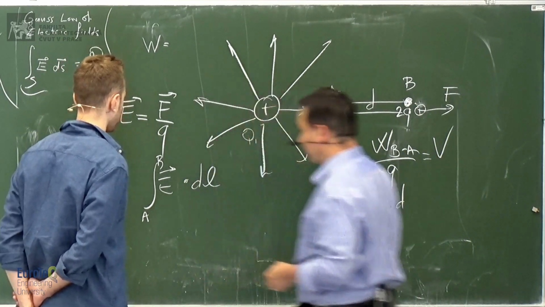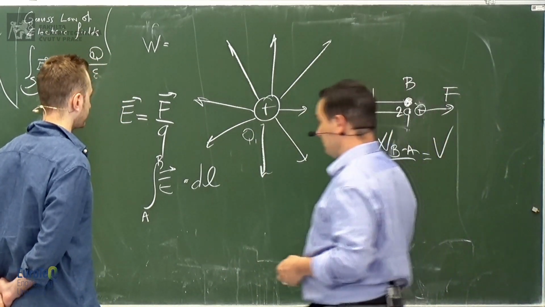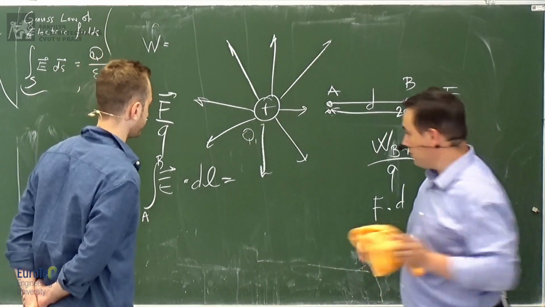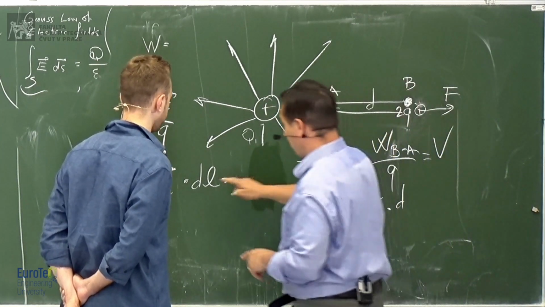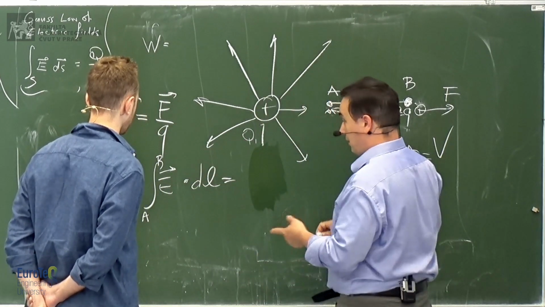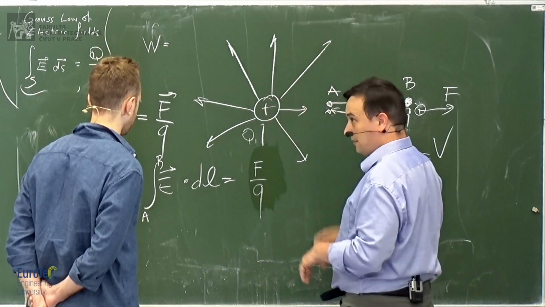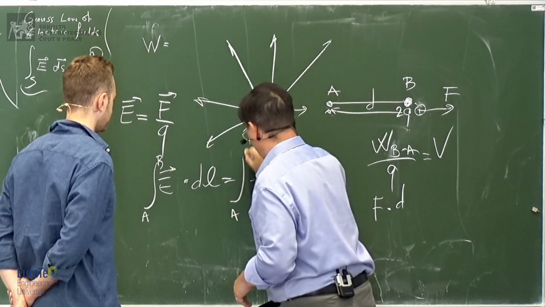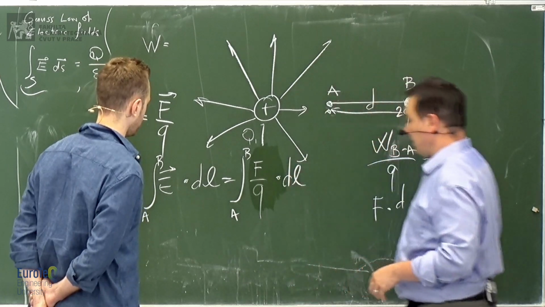It's going to sum up the electric field at each point. This is force divided by Q, the Q that you put here that you want to move, times the L.